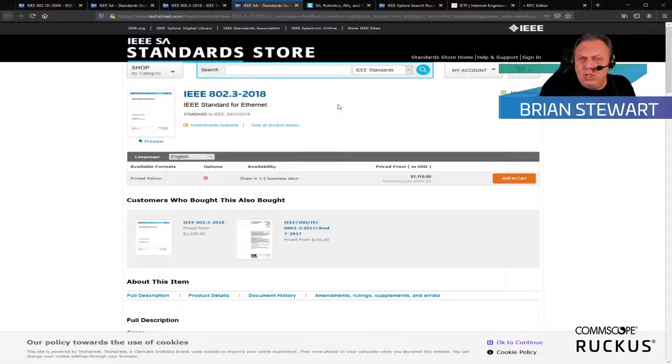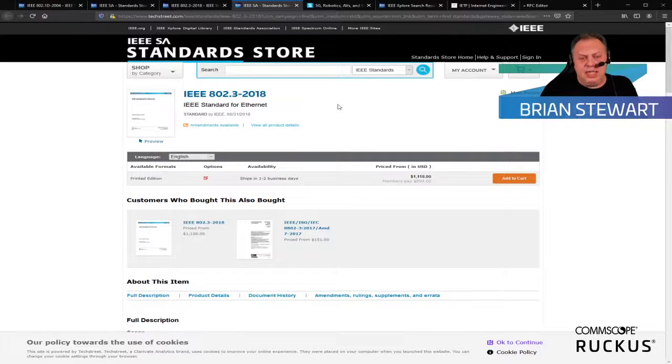So unfortunately, if you compare this to the Internet Engineering Task Force, the standards are not as freely available through the IEEE, and they've changed their stance on this several times throughout their history. For quite a while, anything that was already an approved standard was available to review for free, but they have shifted back to more of a purchase model.